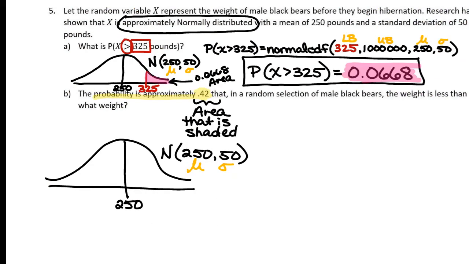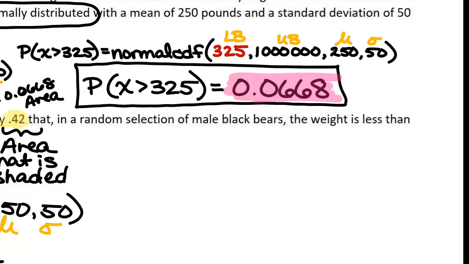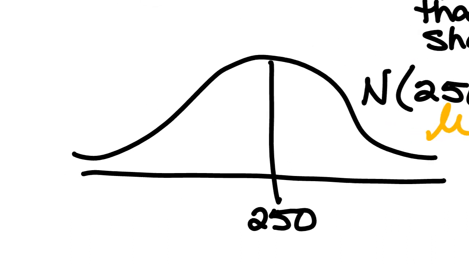I know that I need 0.42 of the area shaded. Do I shade to the right or to the left? To the left, why? It says less than right here. So I want 42% of the area. That's less than half, right? So it's going to be smaller than where my mean line is.